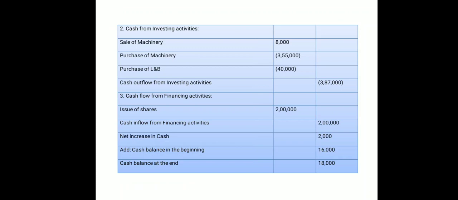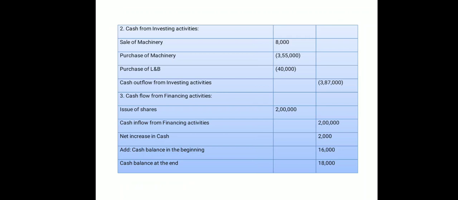Whatever opening cash balance is given in the balance sheet, we add it, and whatever amount we get after that is your closing balance of cash. If I add 16,000 to 2,000, we get 18,000. And if you refer back to the question, in the balance sheet cash in 2016 was 18,000. That means the solution is correct.